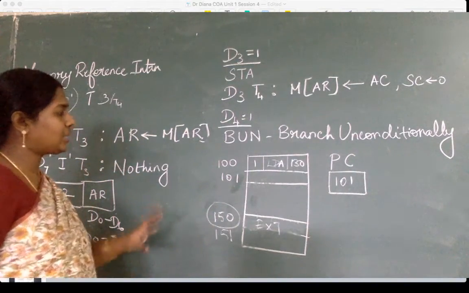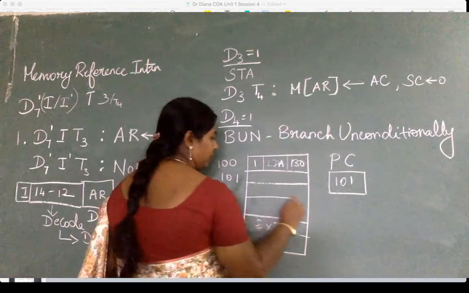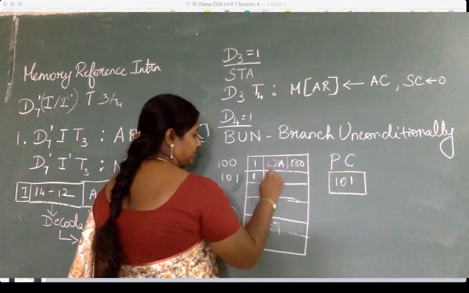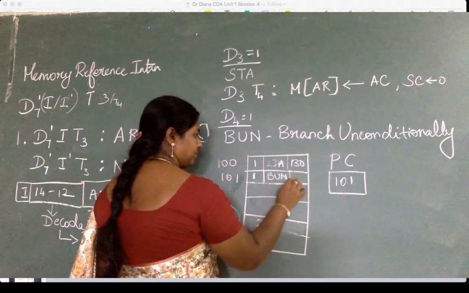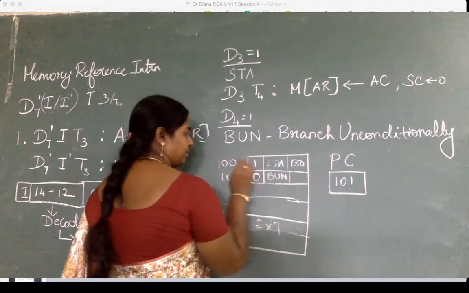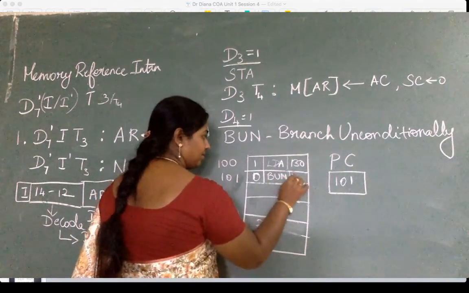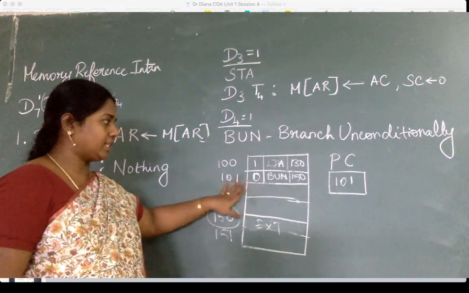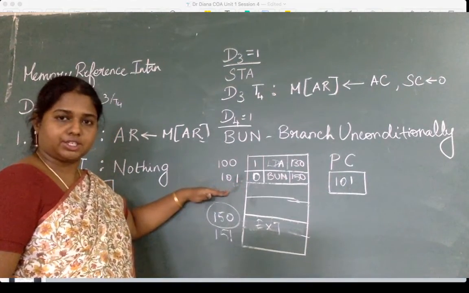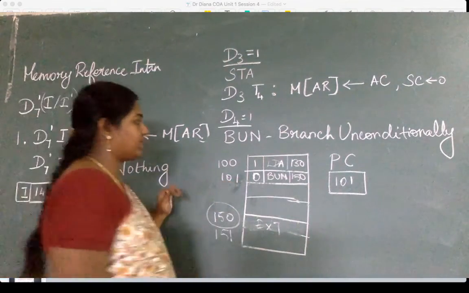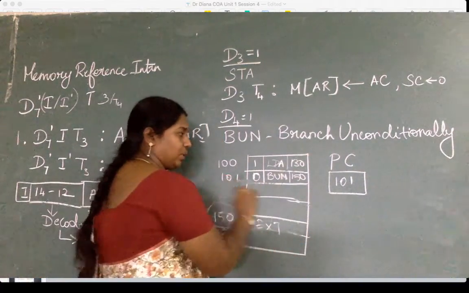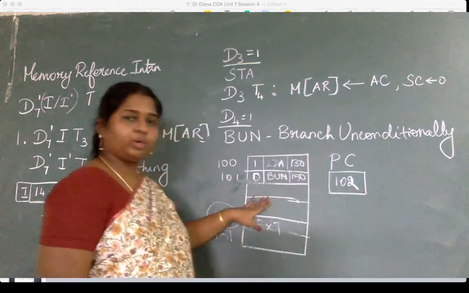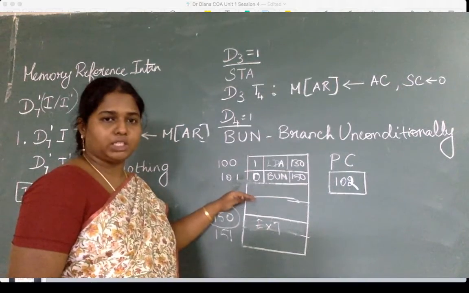So if I use the branch unconditional here, after load accumulator, I start executing the branch unconditional instruction. When I am executing branch unconditional, the current instruction is 101, so the program counter value will be 102. It is expecting to execute the instruction at 102.